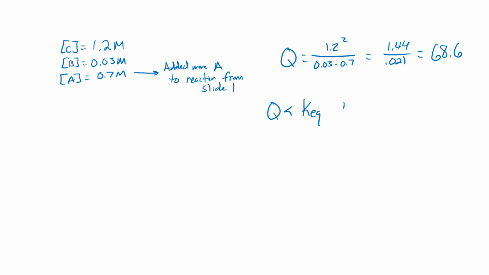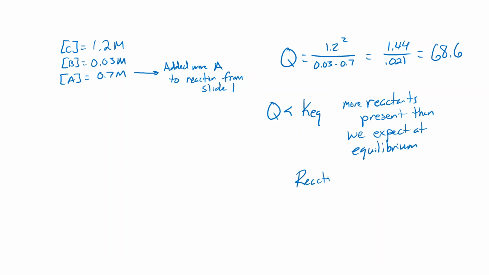That means that there are more reactants present than we expect at equilibrium. And so from here, the reaction will produce more products. In order to get to the KEQ of 75, we need to produce more products.